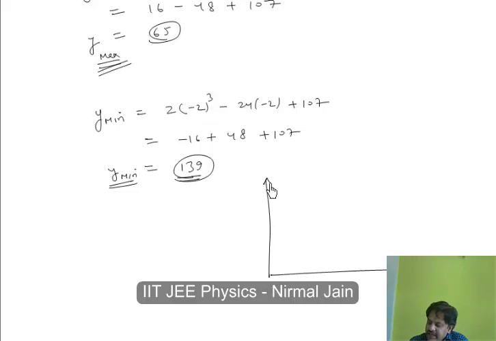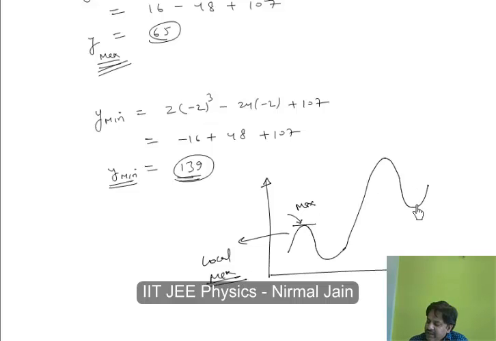This is always possible because in any graph, it may be that the maximum is like this while the minimum is like this. This is called a local maximum, while this is a point of minima called a local minimum.